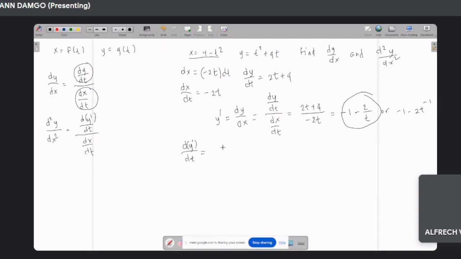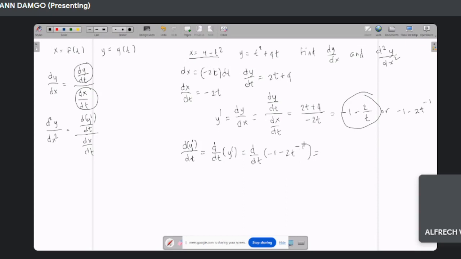This can be written as d dt of y prime. So, ang sama ni atong y prime, mao ni siya ang dy dx, in which this is negative 1 minus 2t to the power of negative 1. Okay? So, ang buhaton na nato, class, is kuhaon na ni nato ang derivative sa y prime, with respect to t.